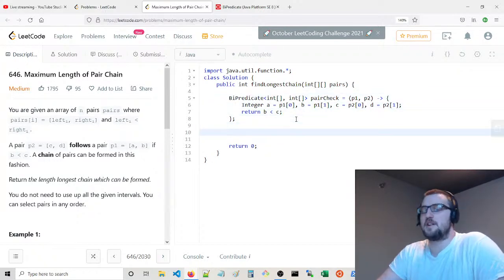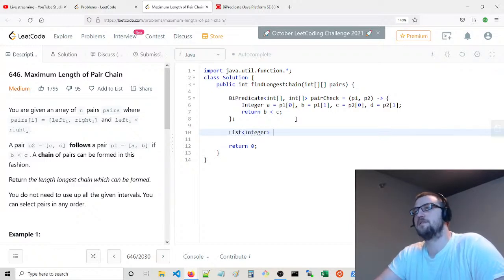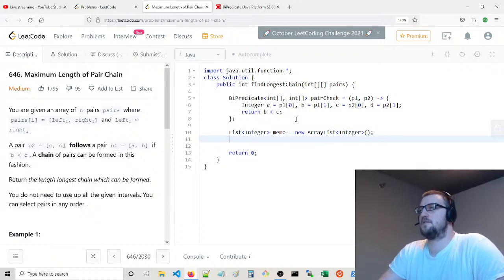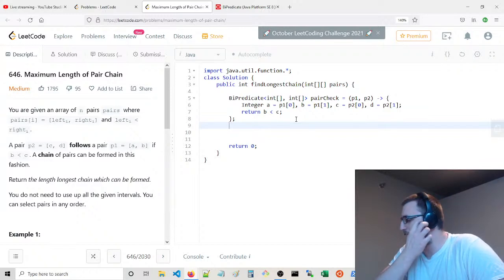All right, so we can use an array list of integers. We'll call it memoize. We're going to memoize with that. And we actually want an array even. It's even better to use an array.